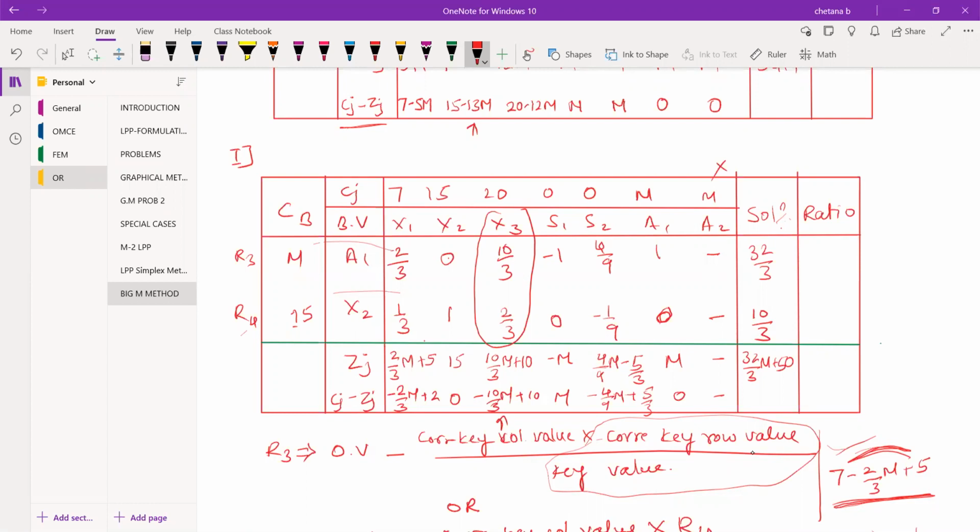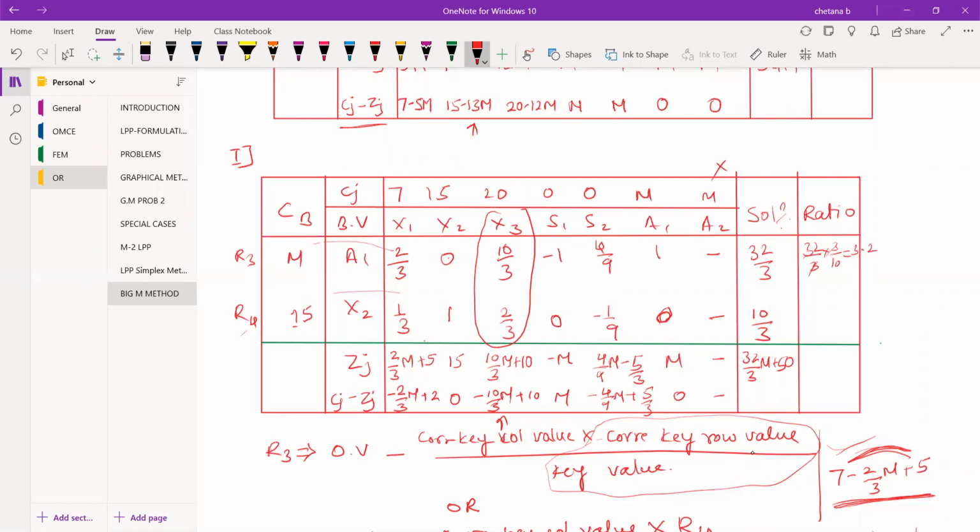Now coming to the key row. To find the key row, you need to write the ratio. So 32/3 into the reciprocal of 10/3, that is 10/3 divided by 10/3, so this will be into 3/10.